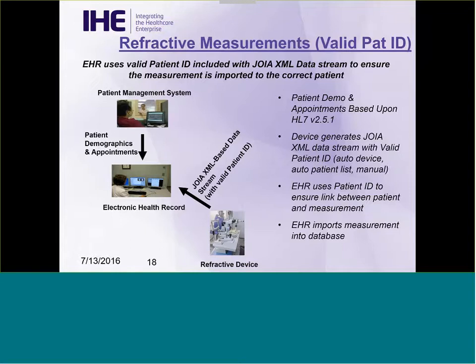And then the third capability is the one that we really don't like, but we know sometimes it's practically what it has to have, and that's manually typing it into the refractive device. So you have three ways to obtain that ID. And of course, the key is that you do have a valid ID, and you're able to therefore send that to the EHR. And the EHR can now use that ID to import those measurements into the database. So that's what this workflow does.